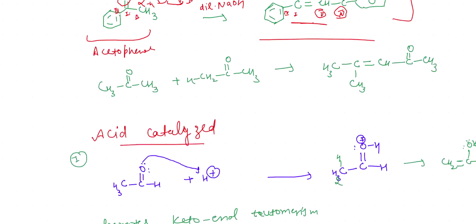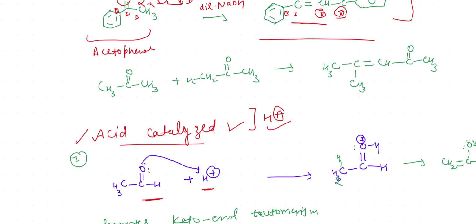So aldol condensation can also undergo acid catalyzed reaction. This is not necessary in the presence of dilute base; it can also undergo reaction under acidic conditions. So this is our first molecule of acetaldehyde, how it will form the product via acid catalyzed reaction. So look at the mechanism. In the first step, the acetaldehyde is reacting with H positive.